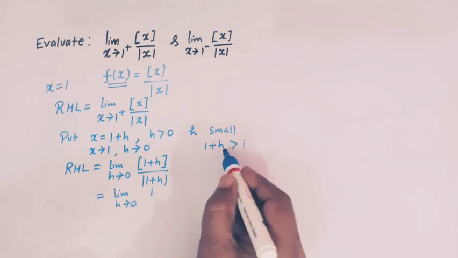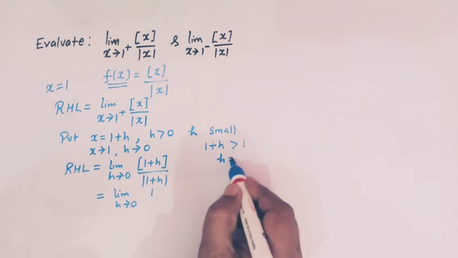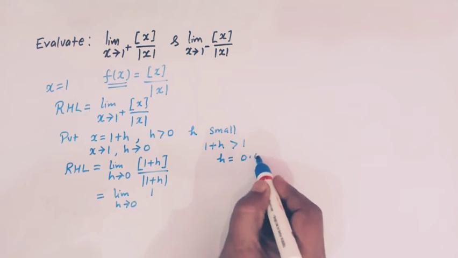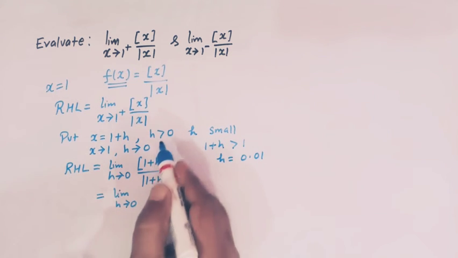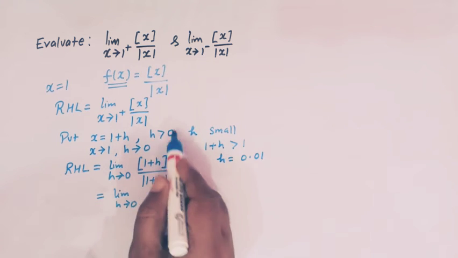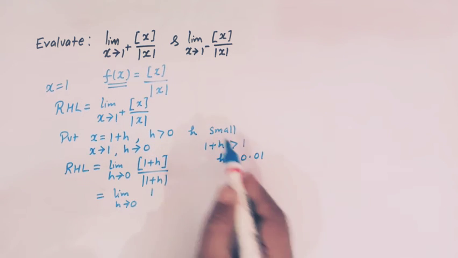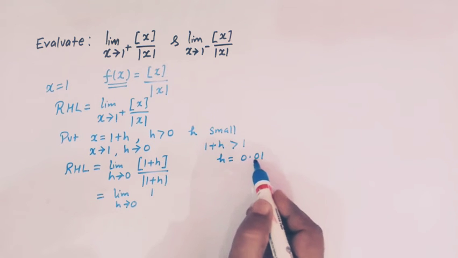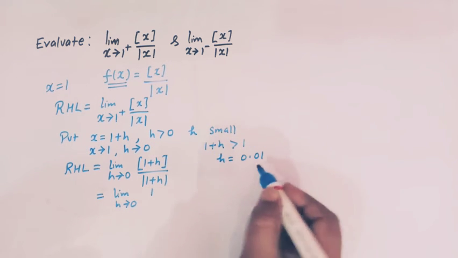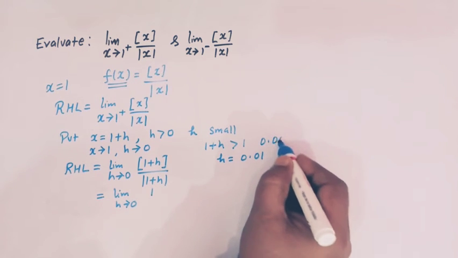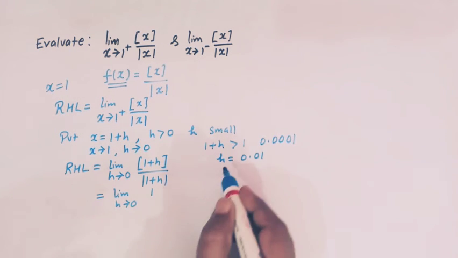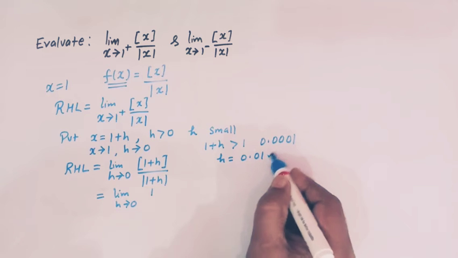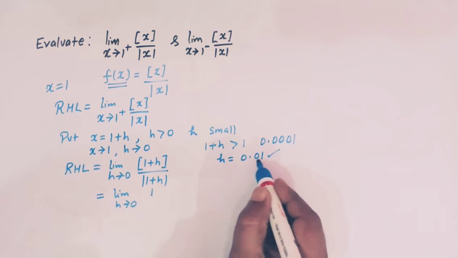Because suppose we take h equal to 0.01, h being a positive number and very small, or you may take 0.0001. Here we'll prefer h equal to 0.01.